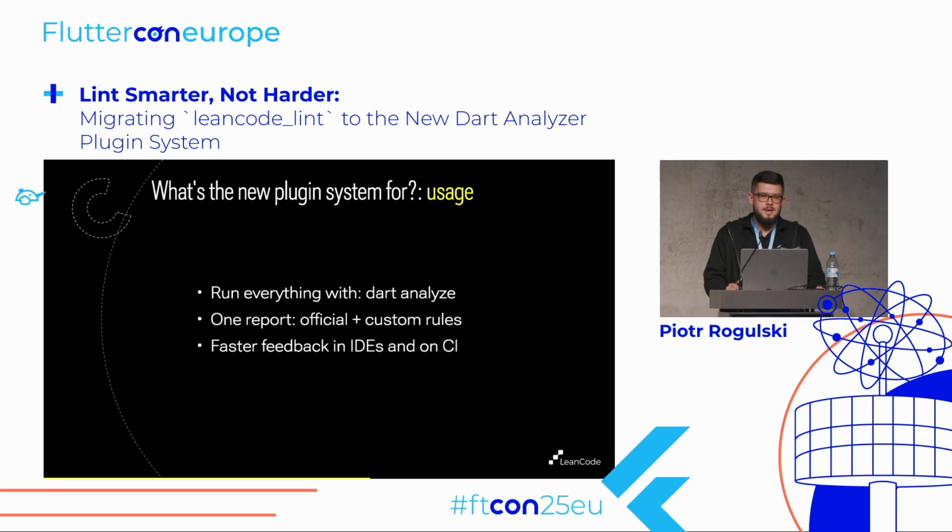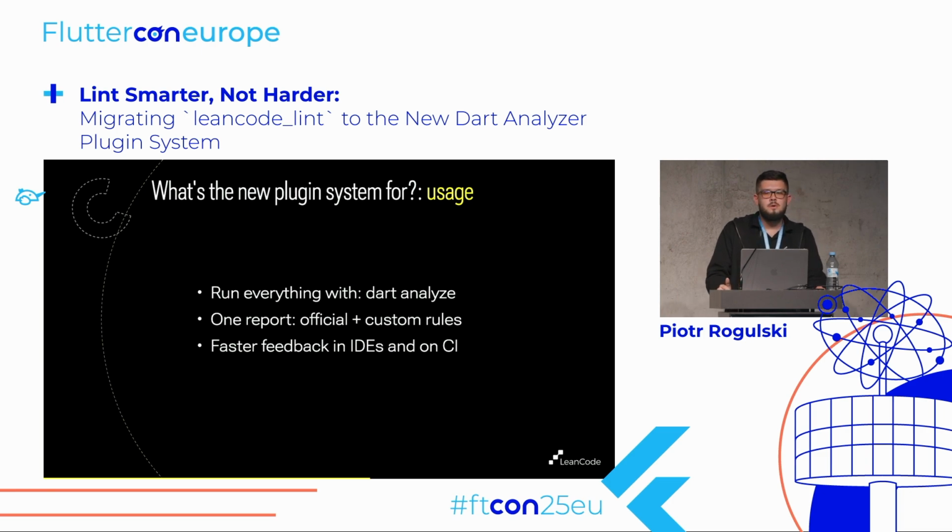This is crucial for AI agents because before, with the legacy custom lint plugins, you would have to either tell the AI that, hey, there is a separate plugin that you have to run via the terminal to get all the custom lint information.